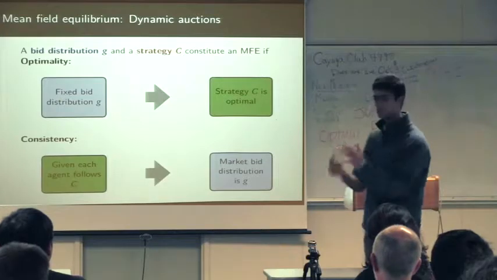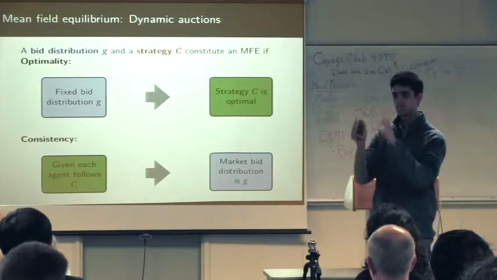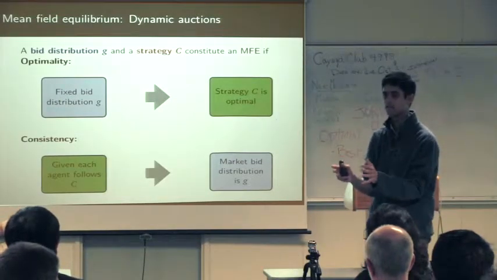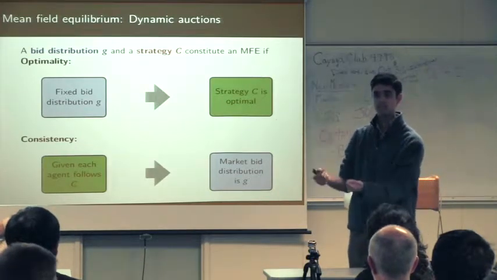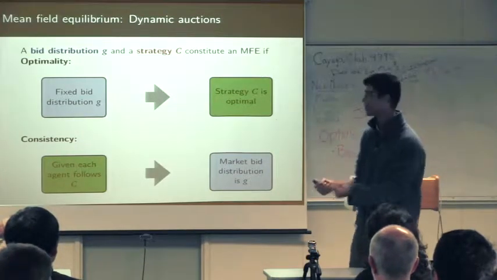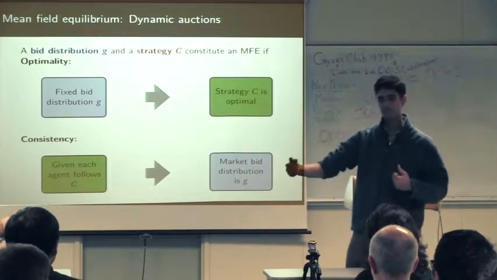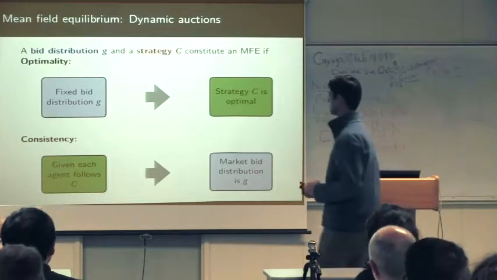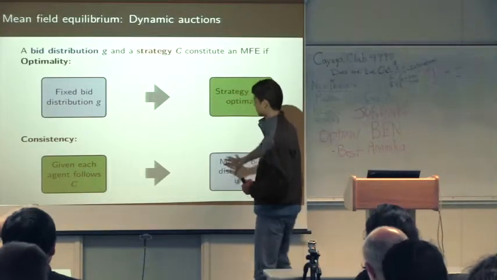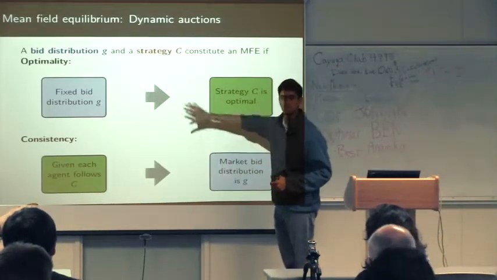A Bayes-Nash equilibrium is a static concept, right? You're just looking at a single game, and if you assume the bid distribution is this, then you just compute what is the current optimal thing to do. But we are looking at a repeated, dynamic game, say infinite horizon, so we are looking at steady states of these infinite horizon markets.